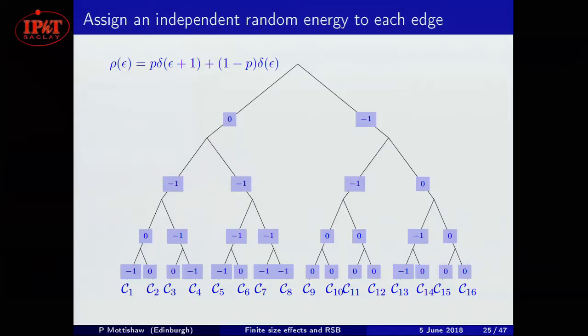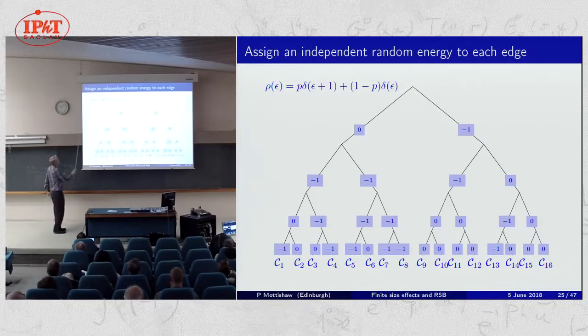You then associate a random energy with each of the bonds or edges in the tree. You can use an arbitrary distribution for this. In the numerical results that I talked about, we use a very simple distribution where the energy is either 0 or -1. But you can actually extend it to have this different for each level within the tree.